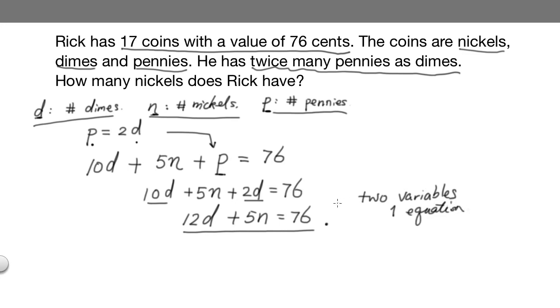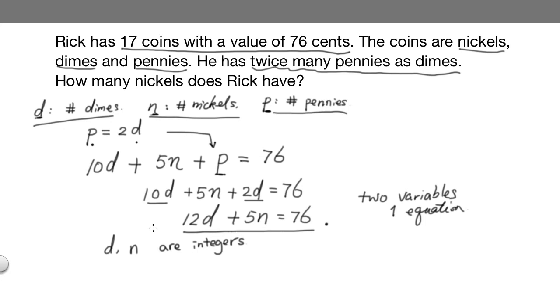Don't we learn that to solve for two variables, we need two equations? Well, the trick lies in the fact that both D and N are integers. For integers, that limits the possible values for D and N. So actually, in this case, one equation is enough.